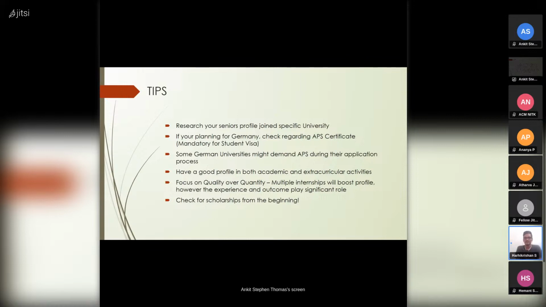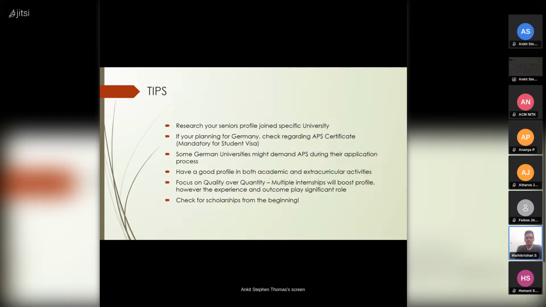So be aware of that. There is a checklist given by the APS website itself, but that is an easy way to confuse yourself. Even before completing a bachelor's you can apply for the APS certificate, where you just need to give exact details while registering. So when you register you can get to know exactly what the details are.